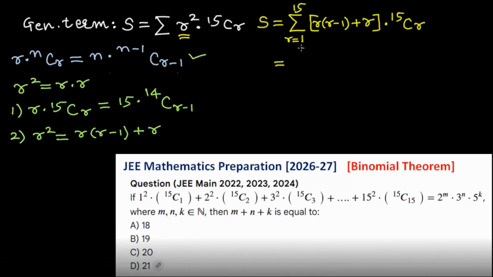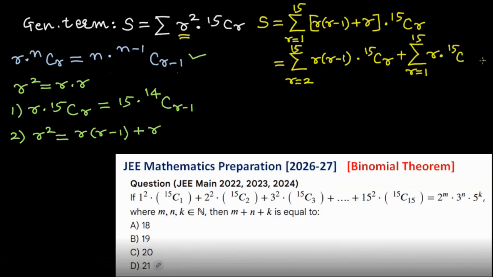This becomes summation r equals 2 to 15 of r into (r minus 1) into 15Cr. Please note, we have taken r equals 2 here instead of 1, because in that case this will become 0. Further, plus summation r equals 1 to 15 of r into 15Cr.